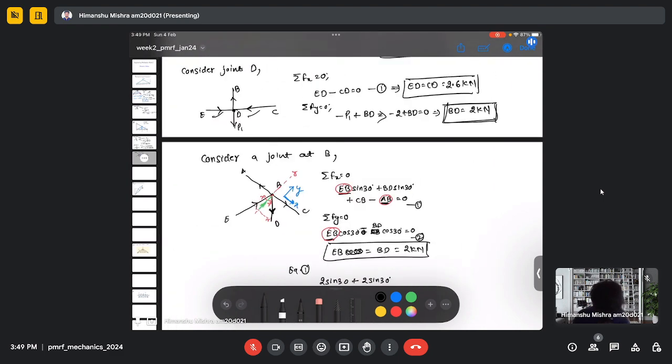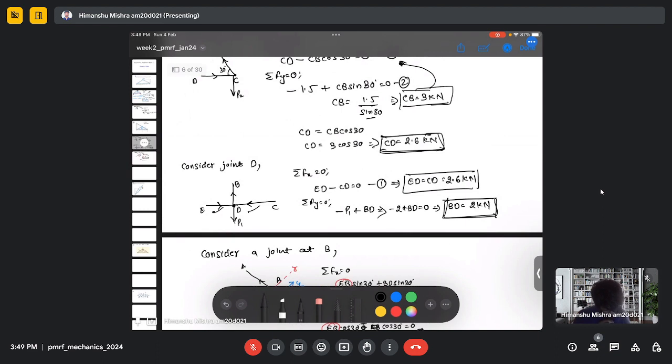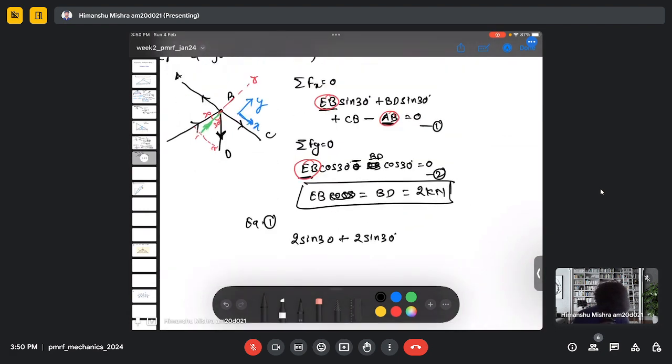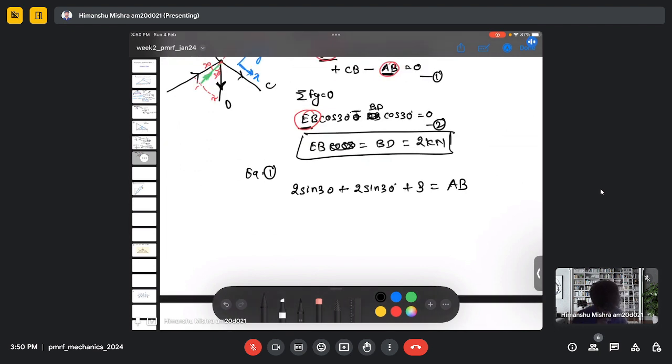And CB is 3 kilonewton, which we found, equal to AB. So it will be 4 sine 30 plus 3 equals AB. Sine 30 is half, so 2 plus 3. So AB will be 5 kilonewton.